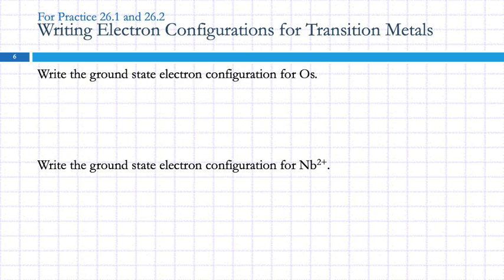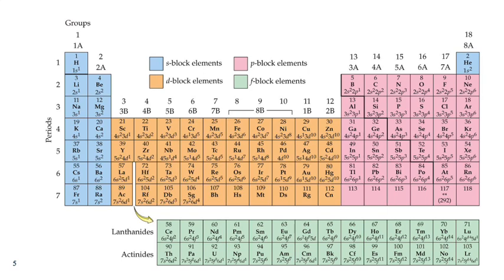So let's go back to this real quick. Osmium, right here. So we've got xenon, and then we go here, 6s2, and here we would add 5d1, but we're going past that, so we'll take that guy into the f orbitals.